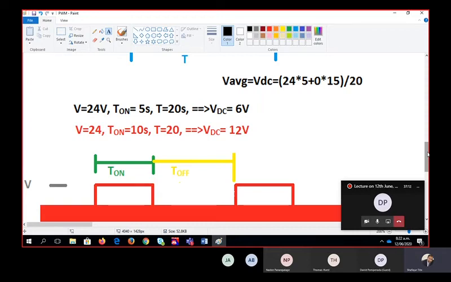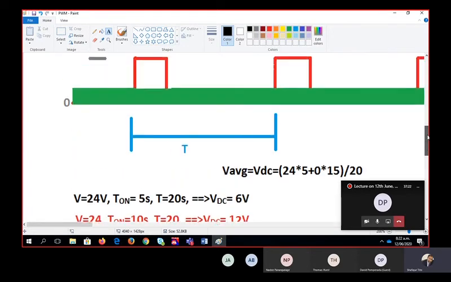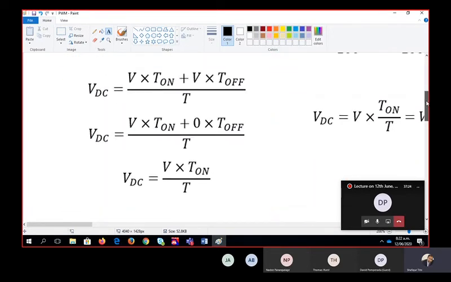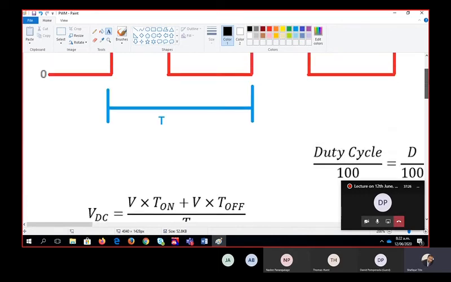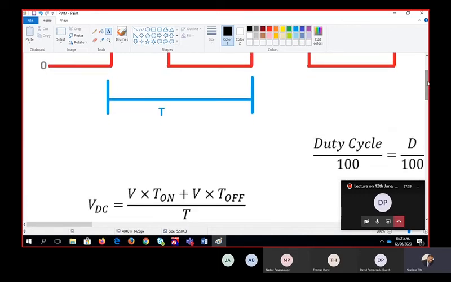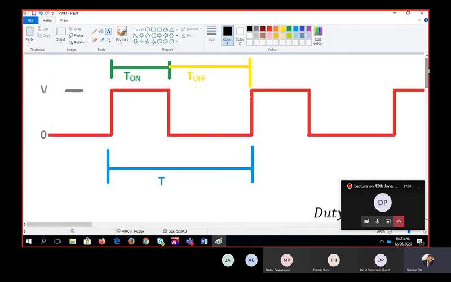So I can use this as a dimmer circuit and change the brightness of the light. So this is the application of pulse width modulation. Pulse width modulation is more applied in industrial areas for controlling the speed of different motors.